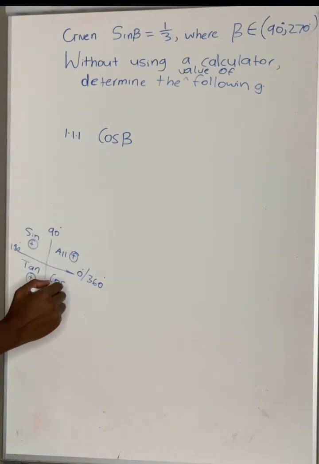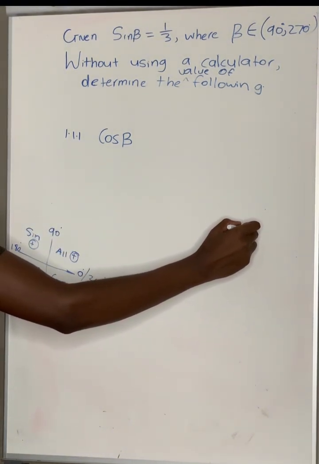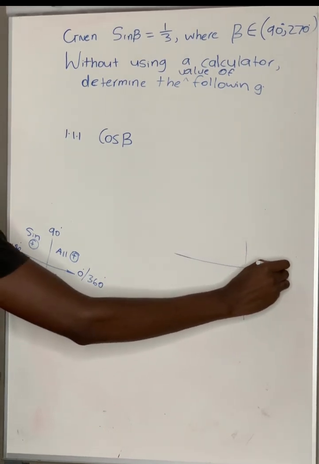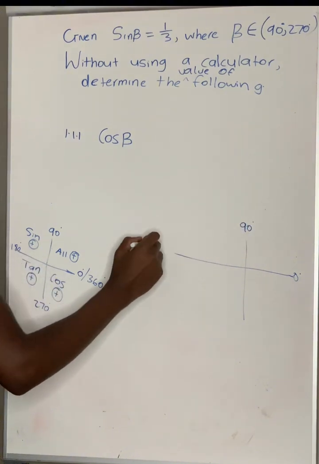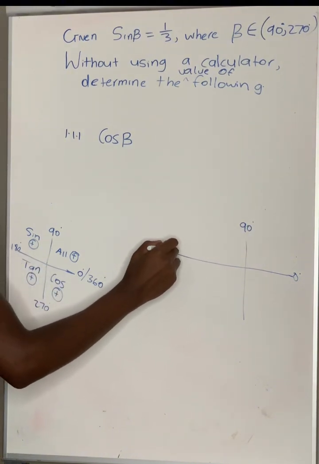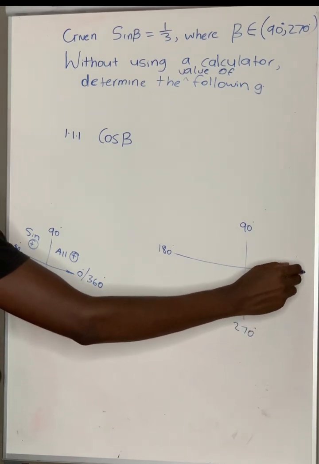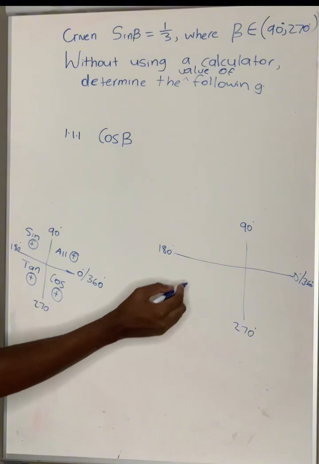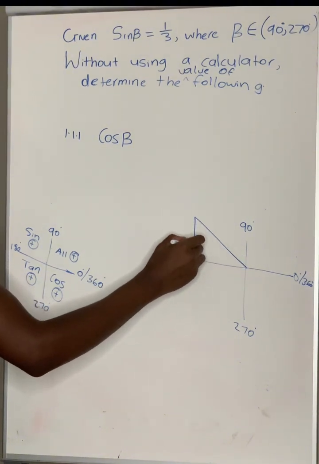Which means, when drawing your triangle, because you're going to need your triangle, which will help you. So let's draw it on this side. So again, 0, 90, 180, 270, 360. Okay, so remember we said our triangle lies in the second quadrant.